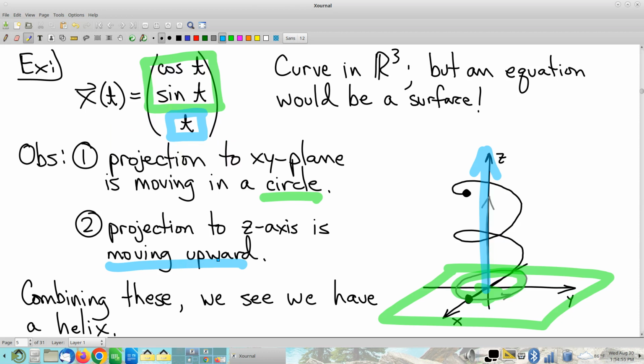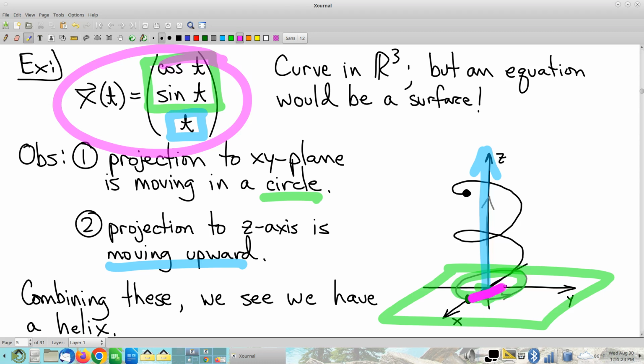Right? So now neither one of these observations tells the whole story, but between the two of them, as this parametric curve traces out, the shadow is moving around in a circle in the xy plane, and then the height is increasing at a constant rate. And so you put those two things together, all together then, geometric appeal, right?